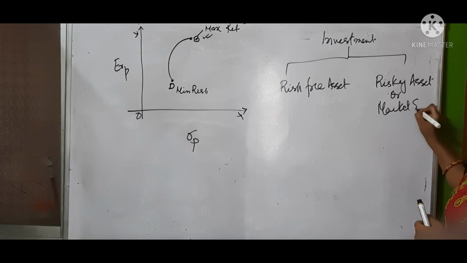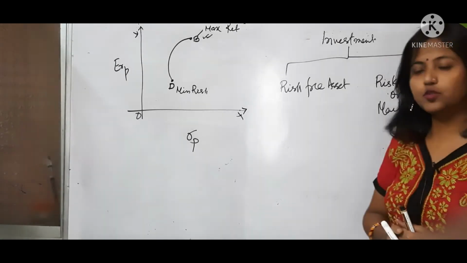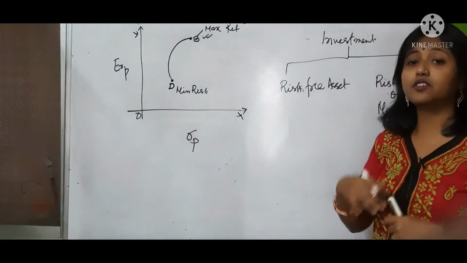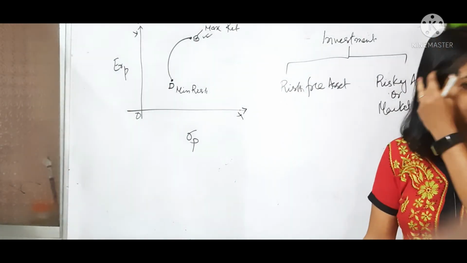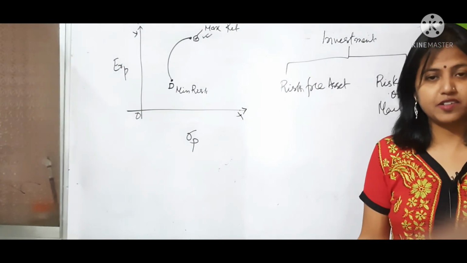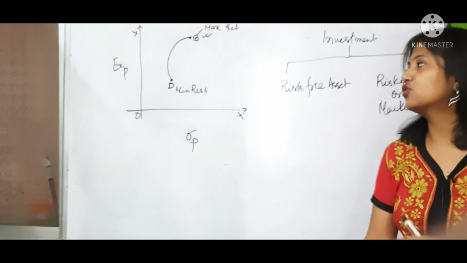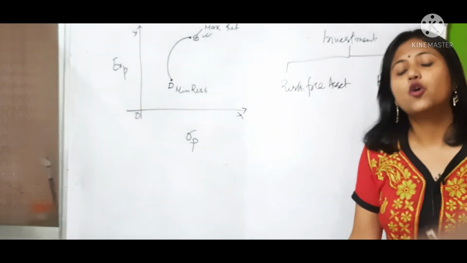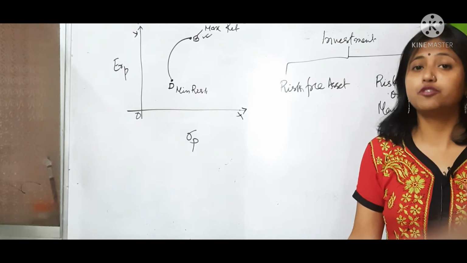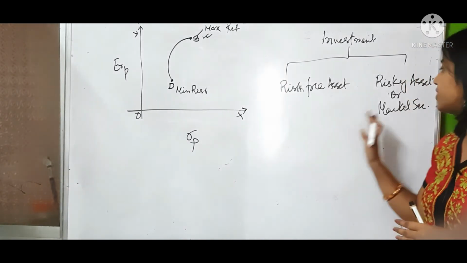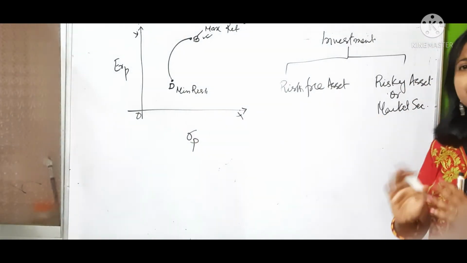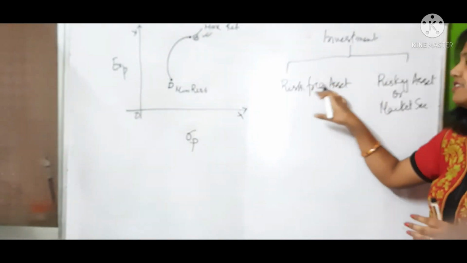You can invest in risky assets or market securities, or you can invest in risk-free assets, because investors are different. There are some investors who do not want to take risk, so they will invest in risk-free assets, whereas there are some investors who love to take risk and they will be investing in risky assets, and some combine some money here, some money there.